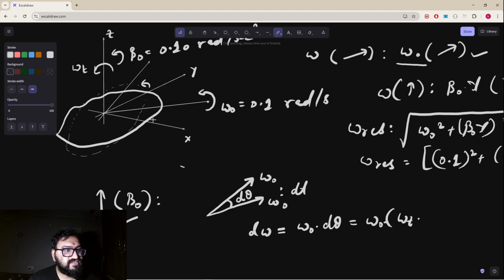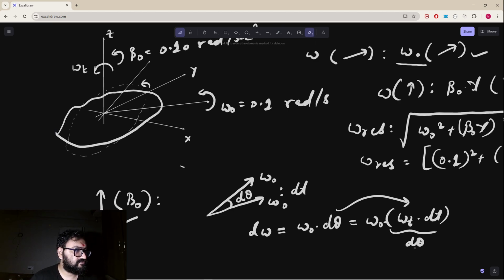Okay, so basically at time t, this body would be rotating about the z axis with an angular velocity of omega t. That multiplied by dt will be d theta.